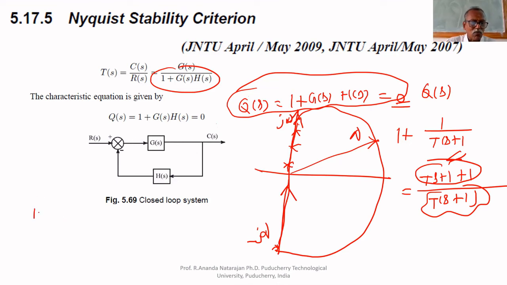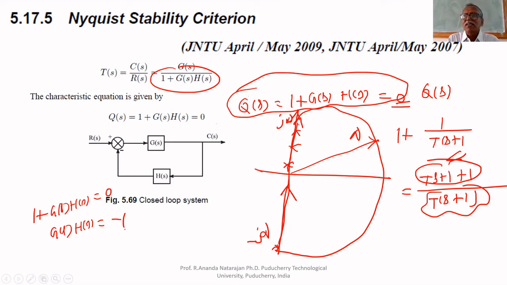What we have taken is 1 plus G of S, H of S equal to 0. Instead of taking it like that, add minus 1 on both sides. What will you get? G of S, H of S equal to minus 1. Am I correct or not? If you see, 1 plus G of S, H of S equal to 0 means whether you are encircling 0 or not. 0 is replaced by minus 1.